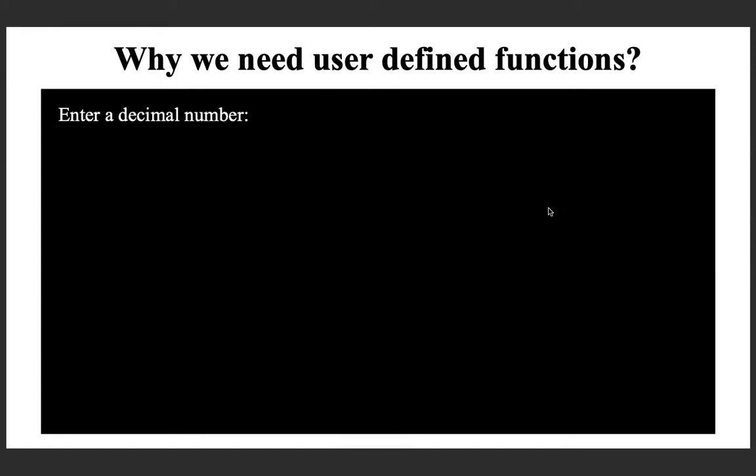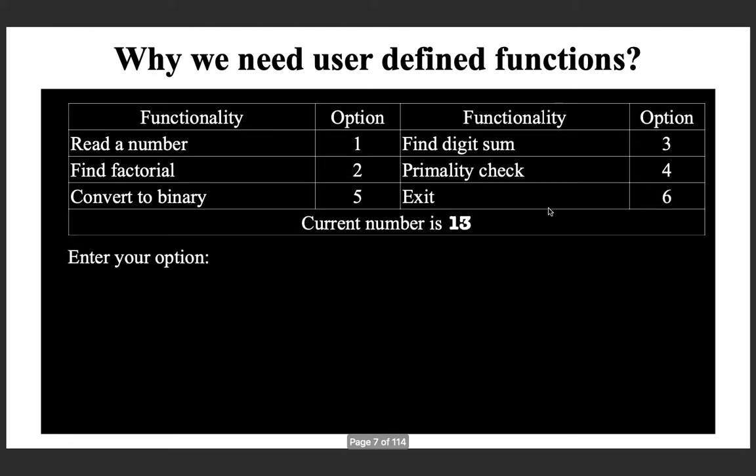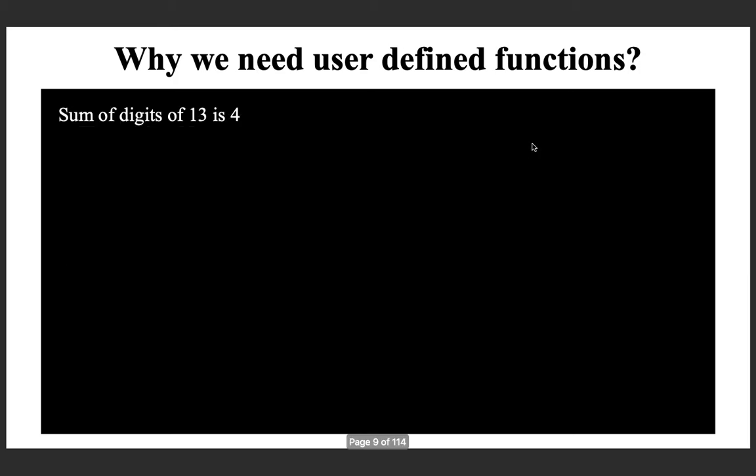The program is asking to give a decimal number. Suppose you are giving 13 as a number. Then now the current number is 13. Again, you can give your option. Suppose you give 3 as the option. So you want to find the digit sum. Then the output is the sum of the digits of this number is 4. That's correct.